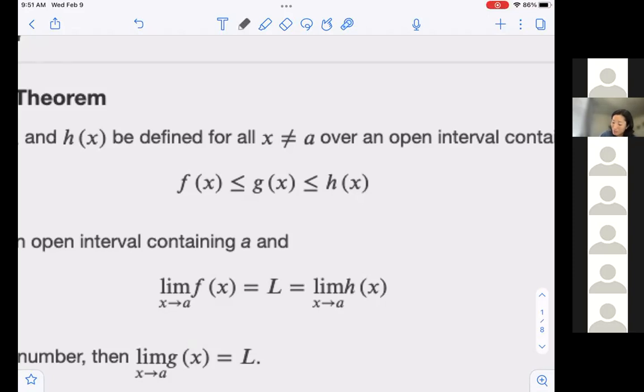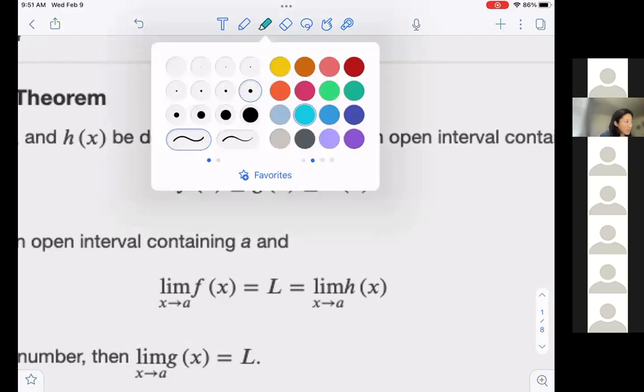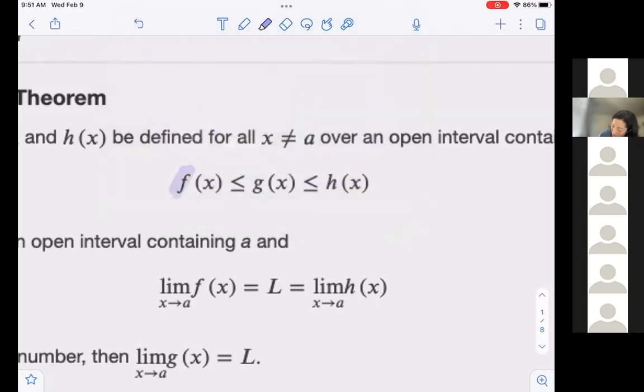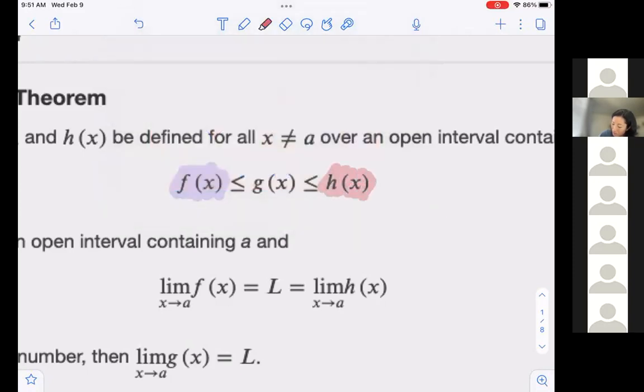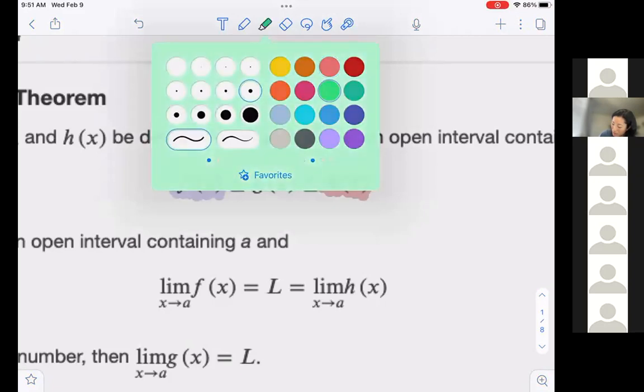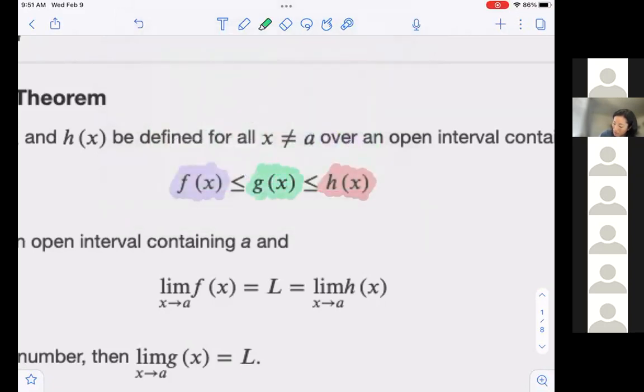Okay. So in this case, let's consider that we have bread. We have other bread. And we have filling. So we have bread, we have bread, and we have filling.